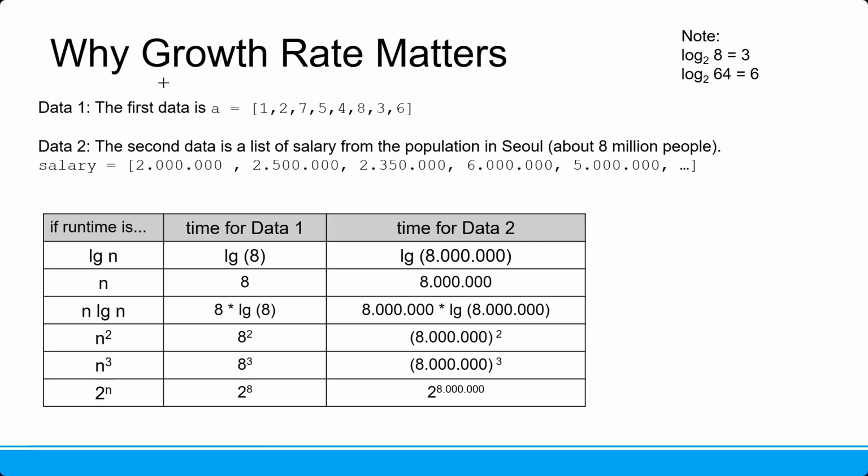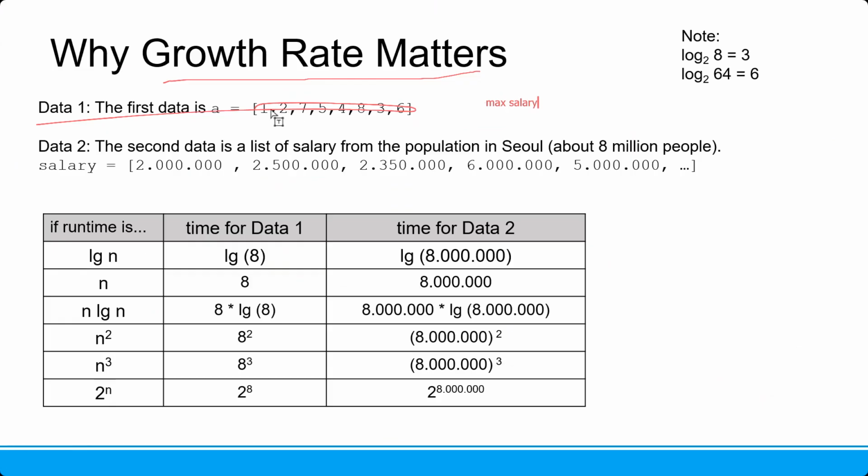We need to check the growth rate because when we have a small number of data, it's okay. But when the number of data is very huge, for example, I want to find the maximum salary from a list.